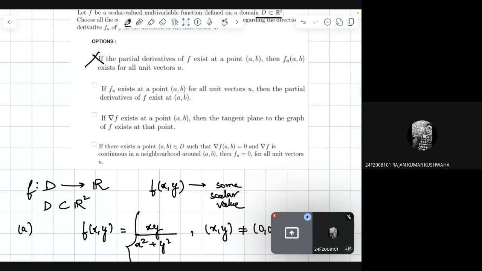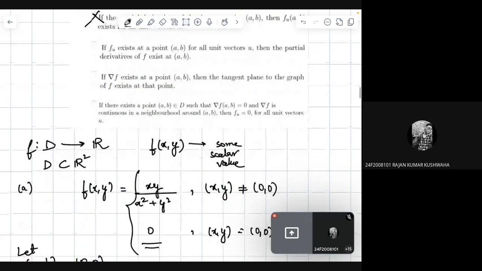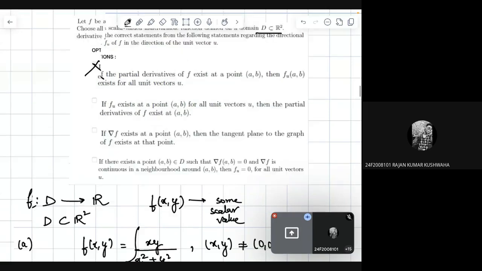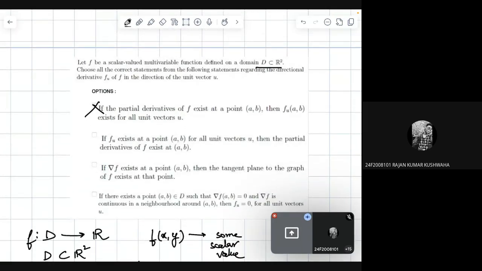Now the second one. If f_u exists at point (a,b) for all unit vectors u, then the partial derivative of f with respect to x exists at (a,b), right? So f_u is what? The directional derivative of f in the direction u at a point (a,b).